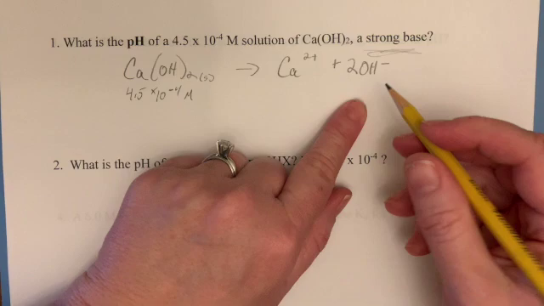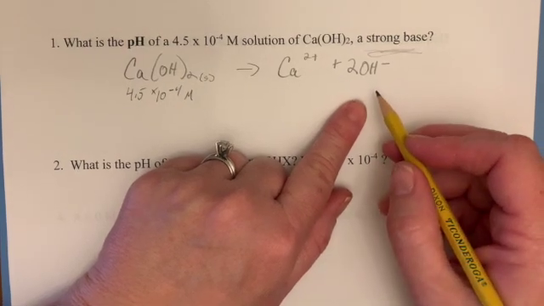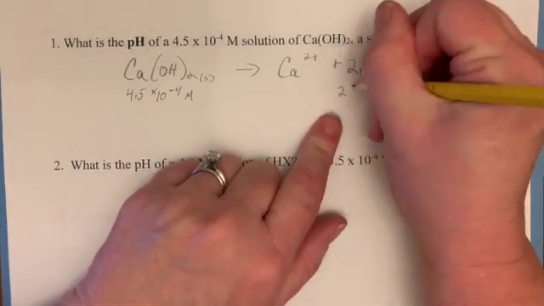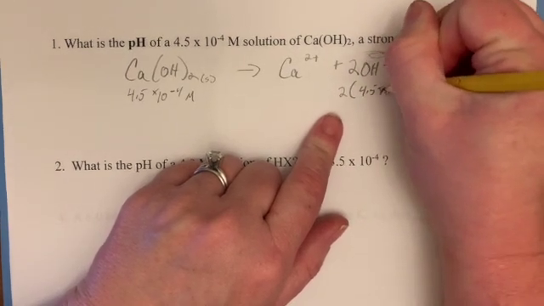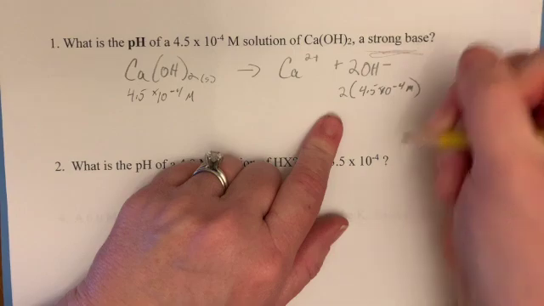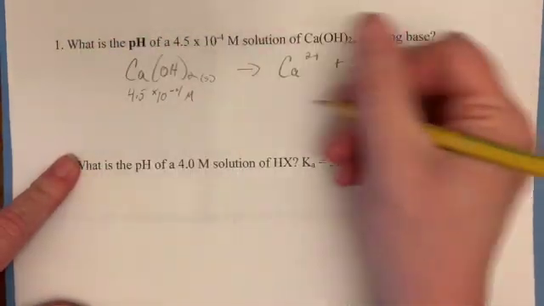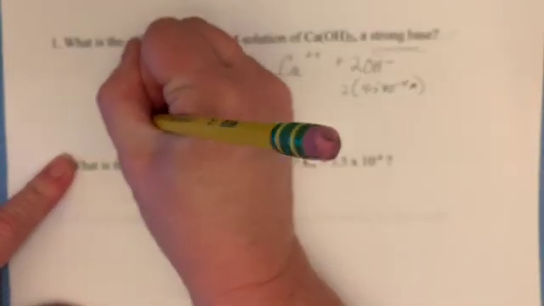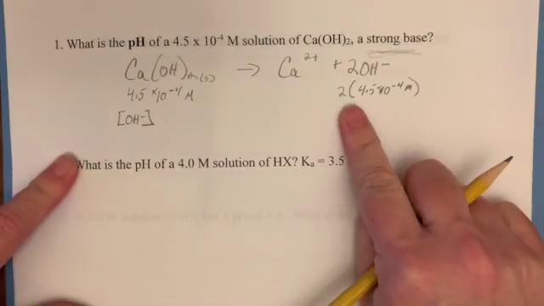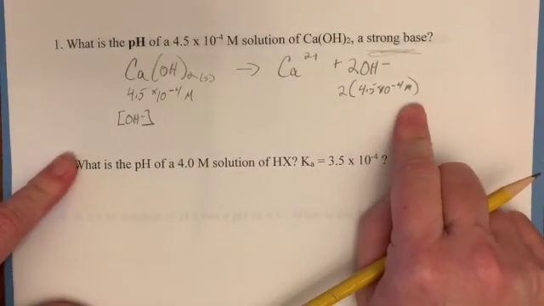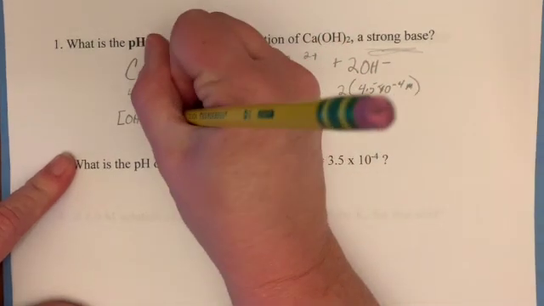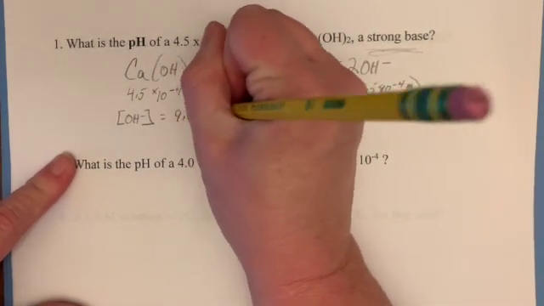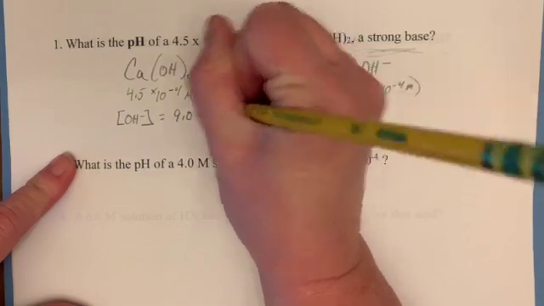We're interested in the hydroxide ion concentration, and that's going to be 2 times 4.5 times 10 to the negative 4th molar, which is 9.0 times 10 to the negative 4th molar.